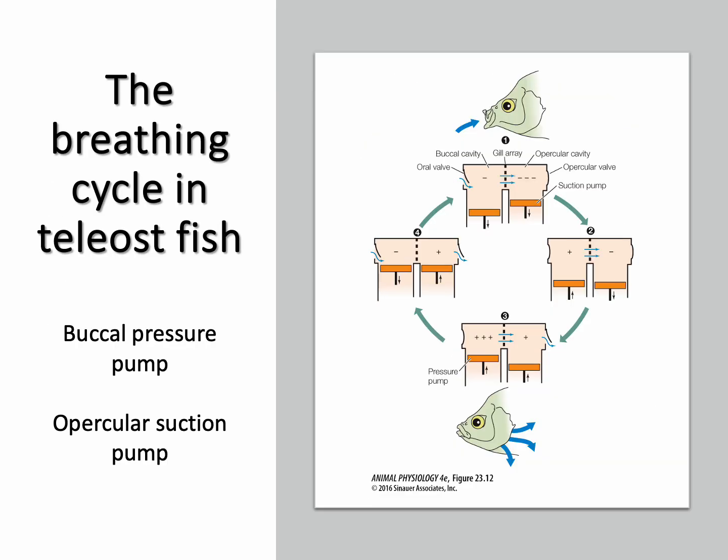Okay, how do the bony fish actually keep the water moving across their gills? Because what if they're standing still, or not moving? How is it that they can keep the water flowing across the gills? What they actually have is a buccal pressure pump and an opercular suction pump, and it works in succession. Basically, it kind of looks like 2 pistons, right?